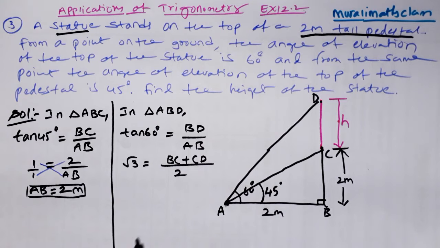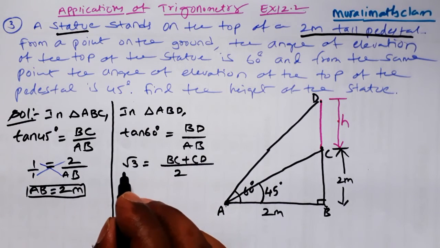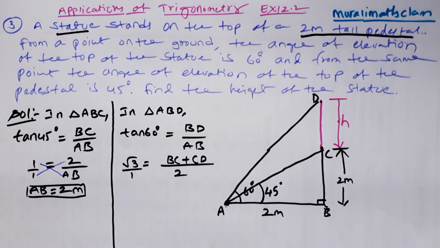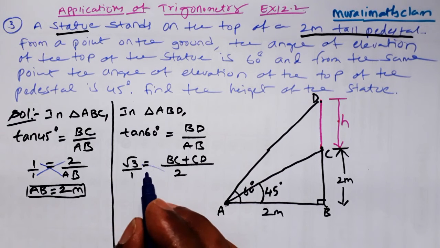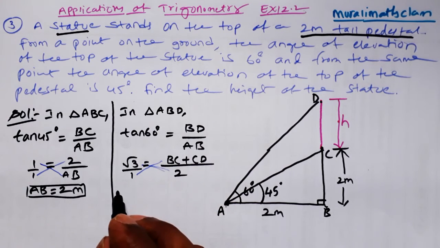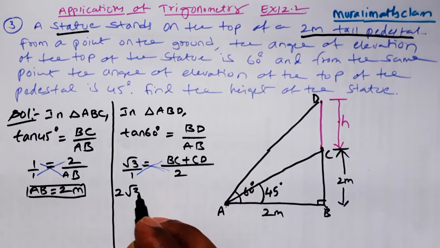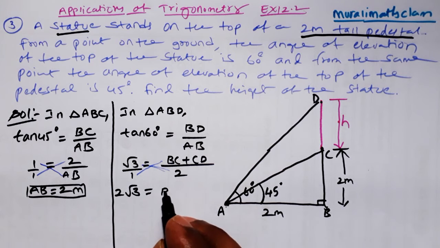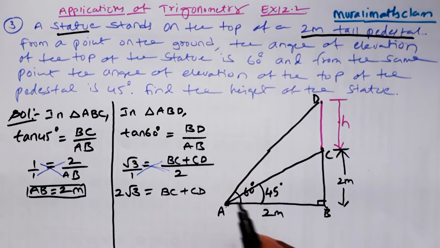Now write root 3 as root 3 by 1 and do cross multiplication. We will get 2 into root 3. 2 root 3 equals BC plus CD.